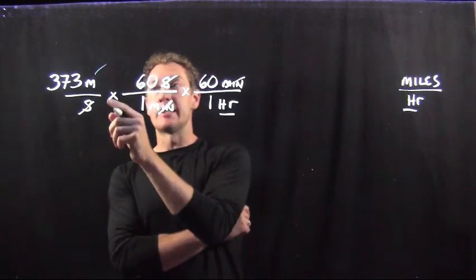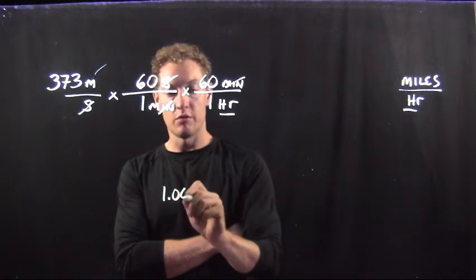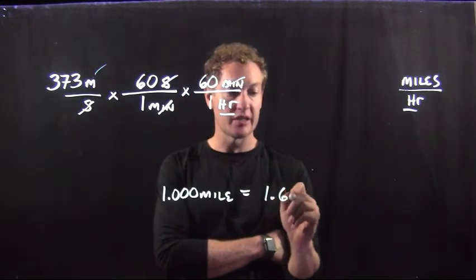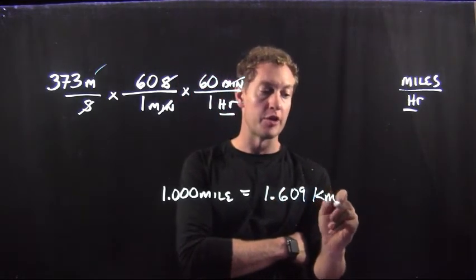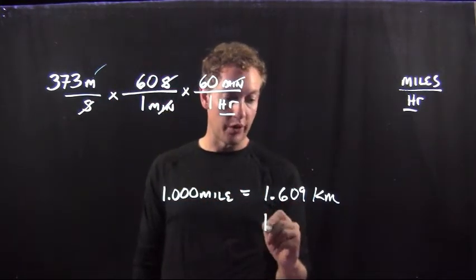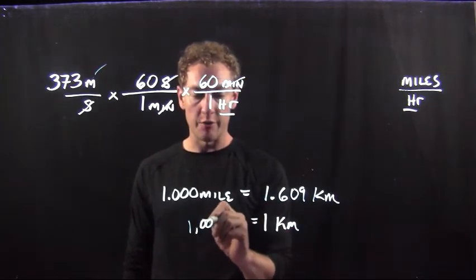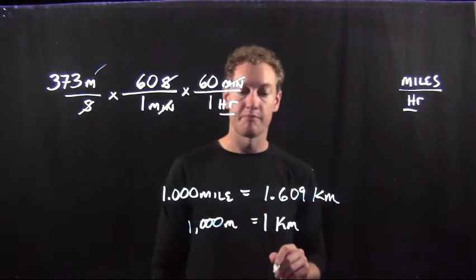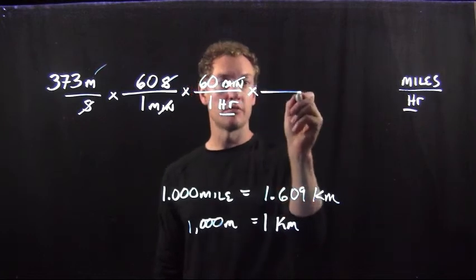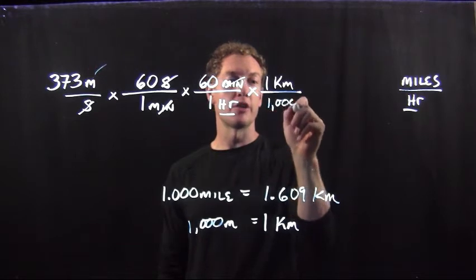Now we need to do the distance component. It gives us in the question that 1 mile is equal to 1.609 kilometers, but I have meters, but we know that 1 kilometer is equal to 1,000 meters. We can multiply it then by 1 kilometer for every 1,000 meters.